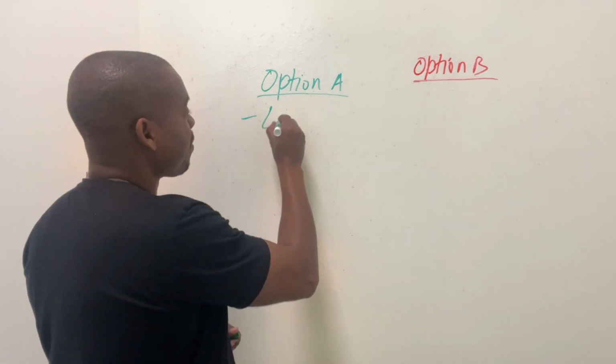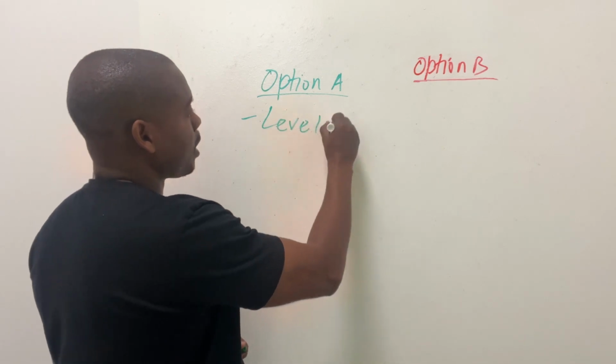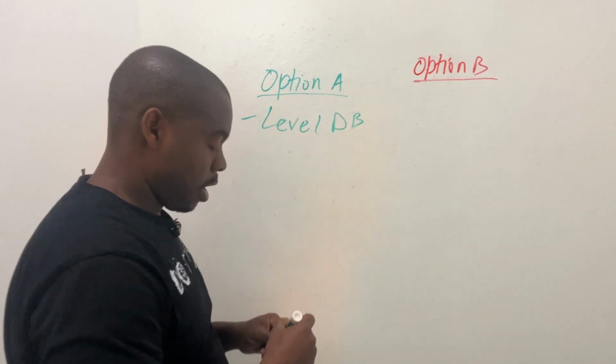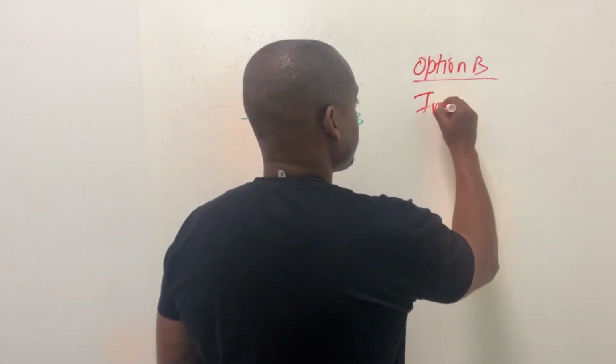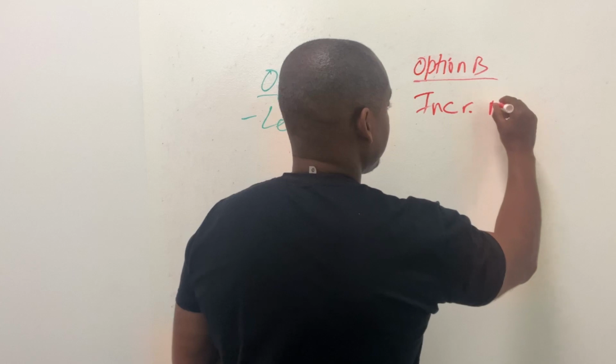Option A is level death benefit, and option B is increasing death benefit.